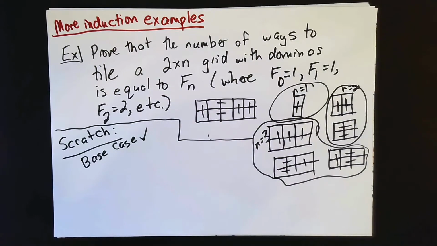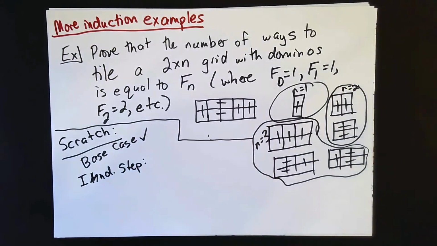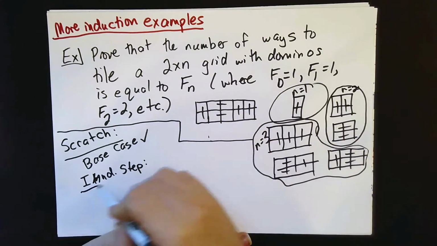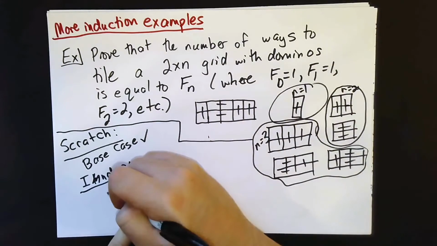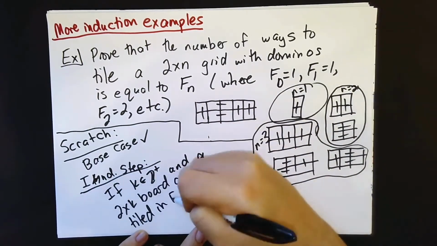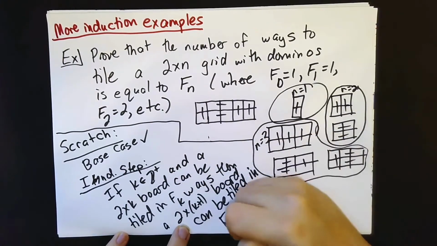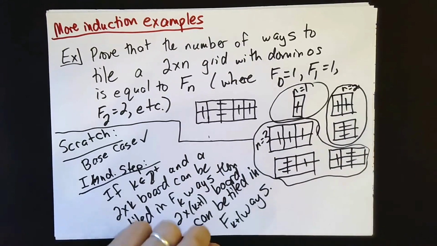Where things are going to get interesting is when I try and figure out what's going on with the inductive step. So if we were to write our traditional inductive step, it would say that what we're trying to prove is that if a 2 by k board can be tiled in f sub k ways, then a 2 by k plus 1 board can be tiled in f sub k plus 1 ways.